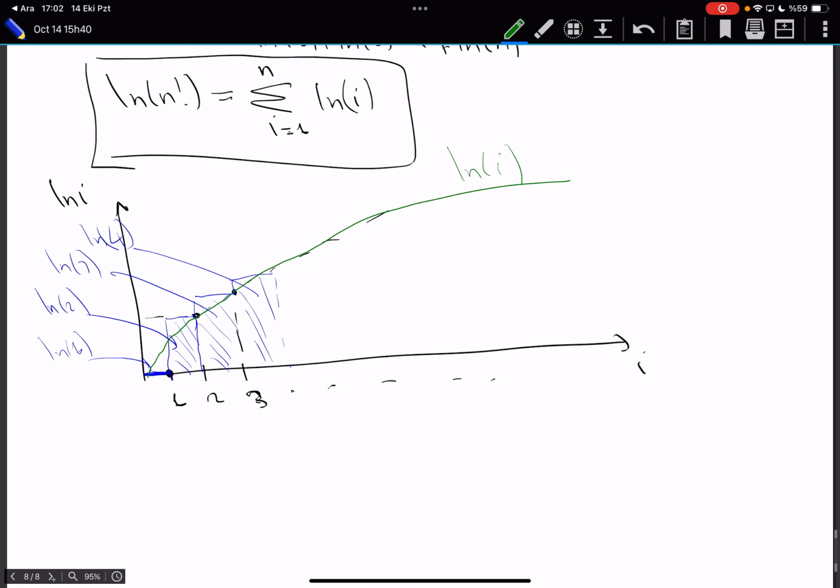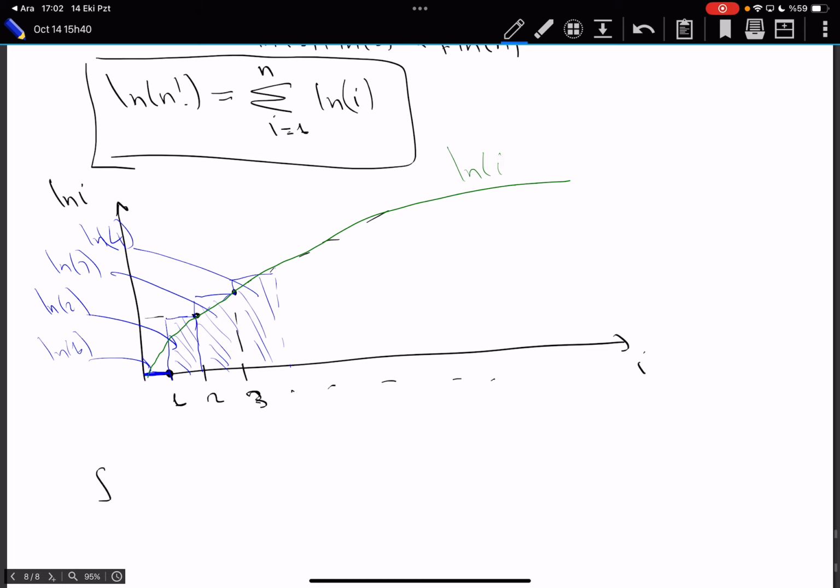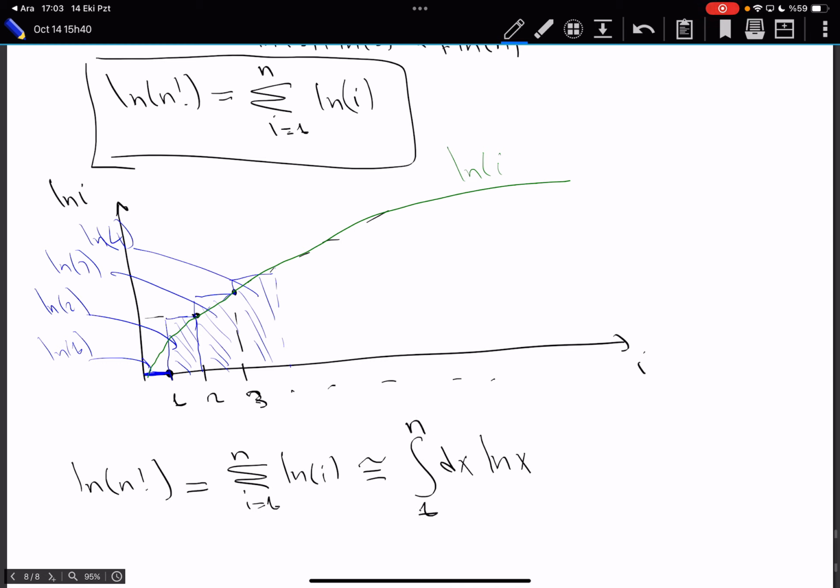So this basically tells me that the logarithm of n factorial, which is the sum of the logarithm of i from 1 to n, is approximately the integral of logarithm of x, where x goes from 1 up to n.